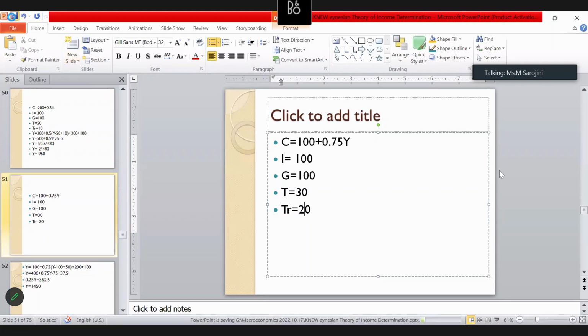Calculate the national income for this information.